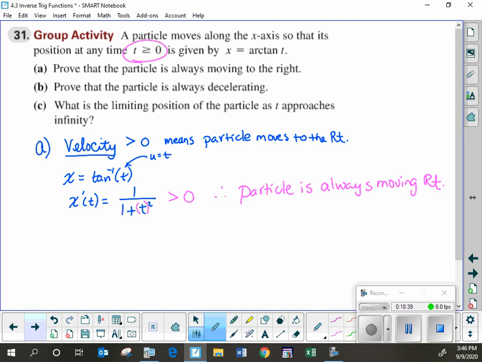Part B, prove the particle is decelerating. So to prove it's decelerating, let's get to acceleration. And I do that by taking another derivative.